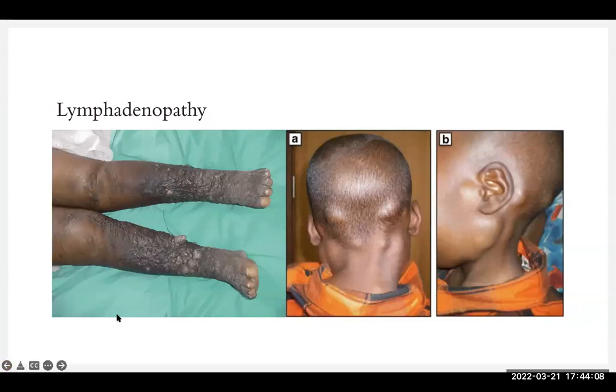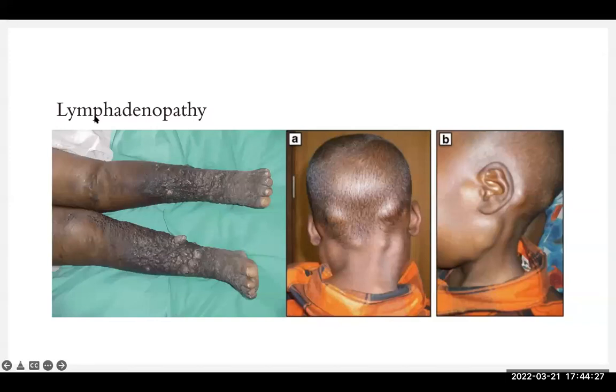Okay. So a question I have for you guys is, how do we usually grade lymphedema? Anyone want to try?